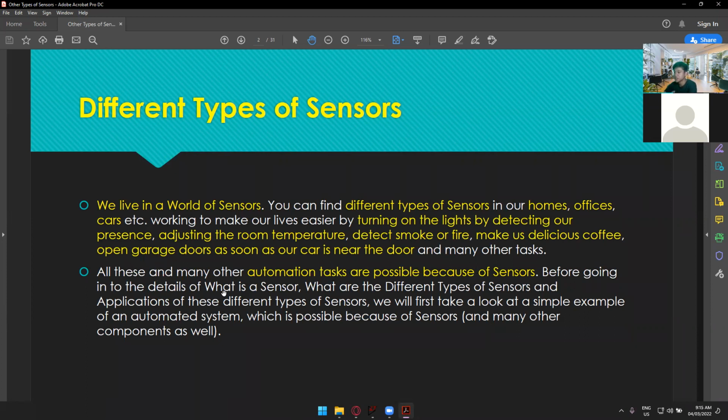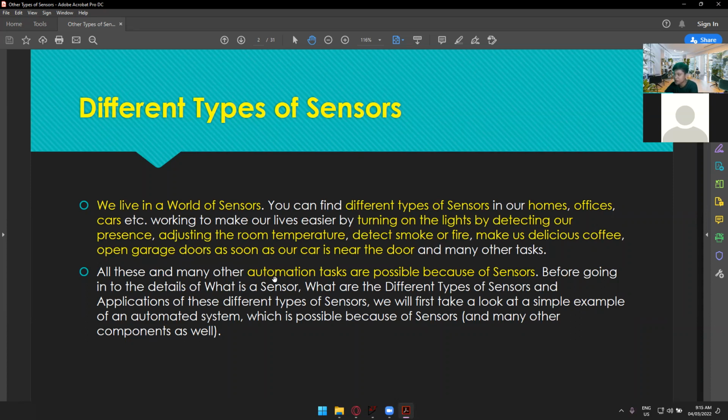Before going into the details of what sensors are, what the different types of sensors are, and their applications, we will first take a look at a simple example of an automated system. What is the most benefit or use of sensors, and why do we have sensors? It is because of this technology: automation.